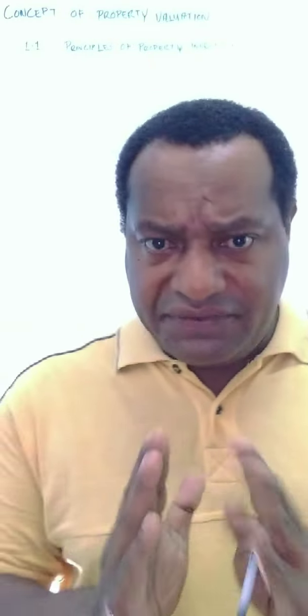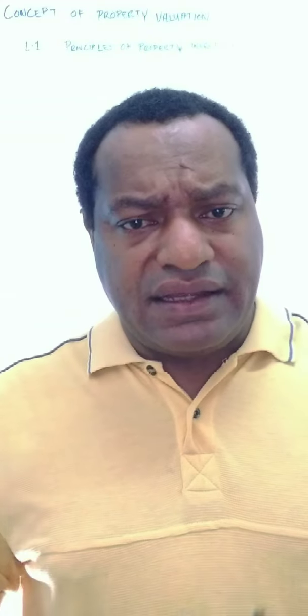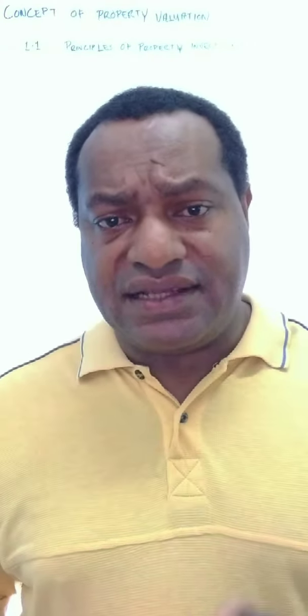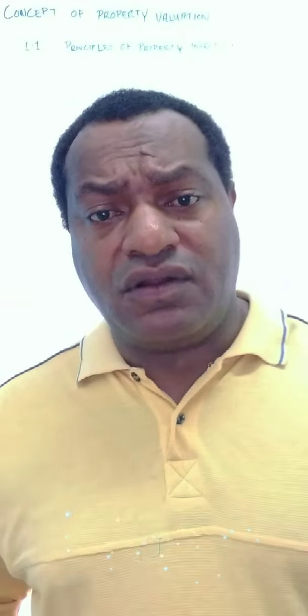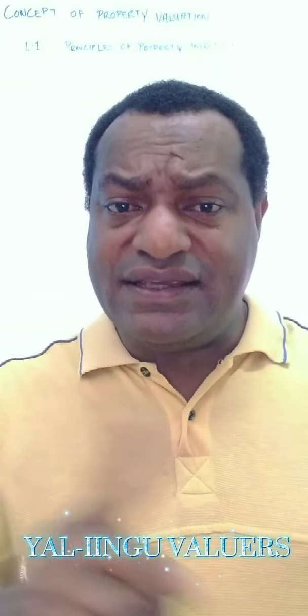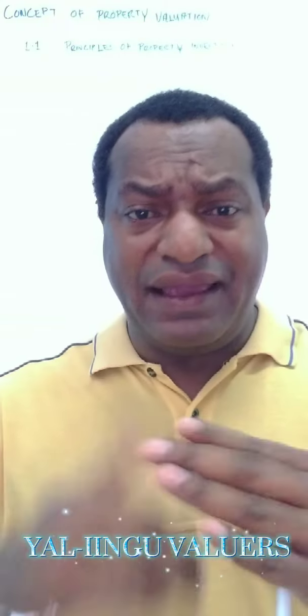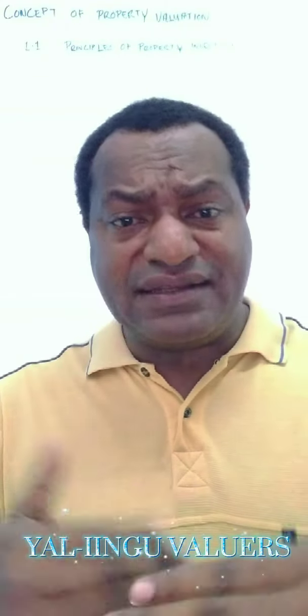So the next declaration the valuer makes is that EOC is not a professional accountant. So if there's anything that needs the attention of a professional accountant, then by all means you need to engage a professional accountant. You cannot depend on the valuer, because the valuer declares that EOC is not a professional accountant. So if anything is financial related, you have to engage a professional accountant.